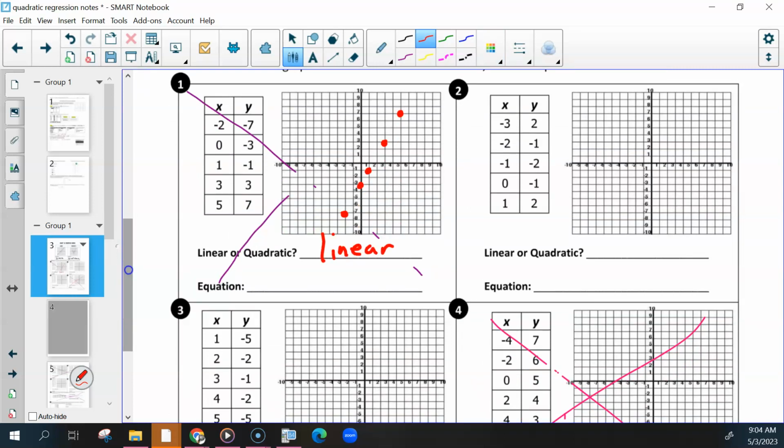Plot the points for the second one. So is this one linear or quadratic?